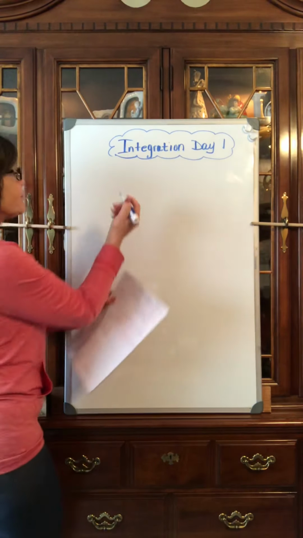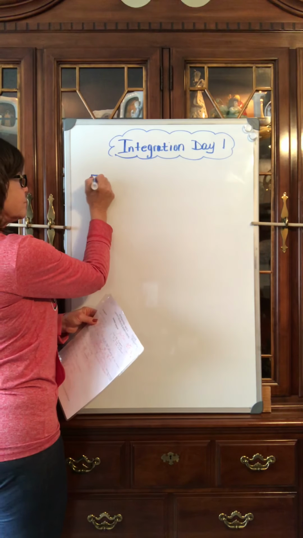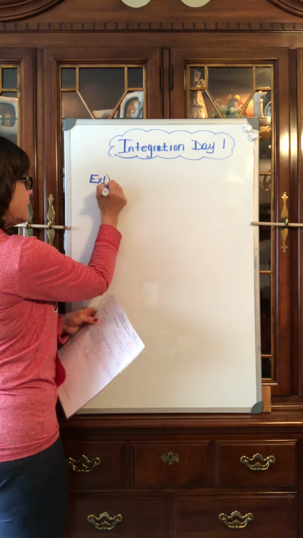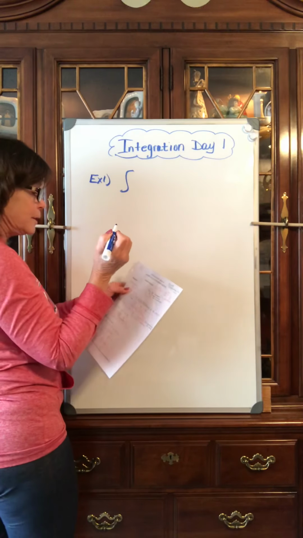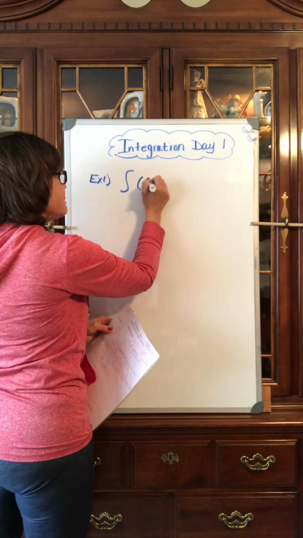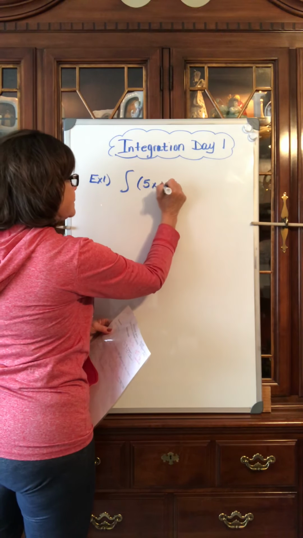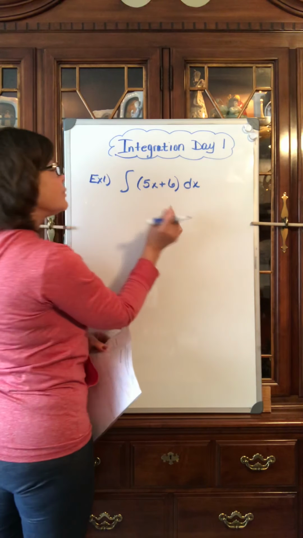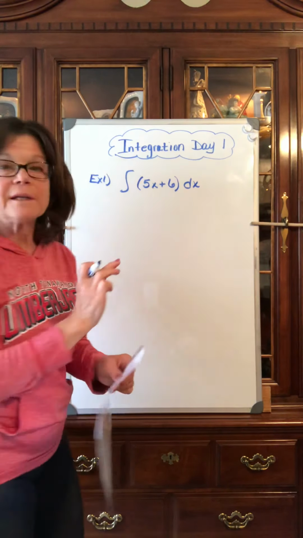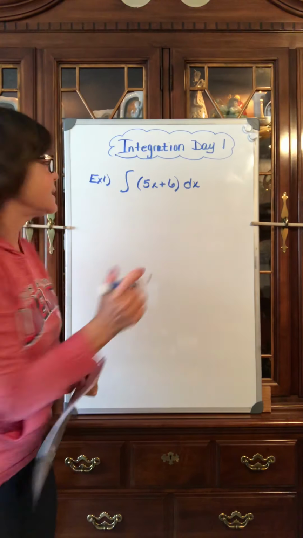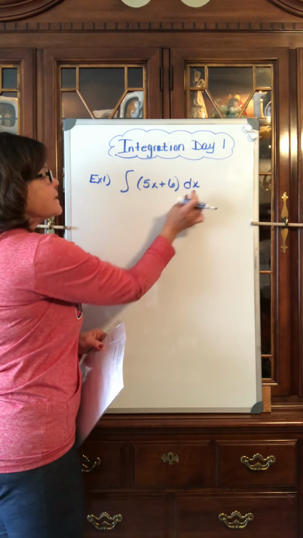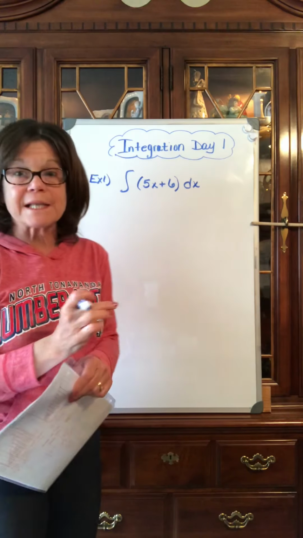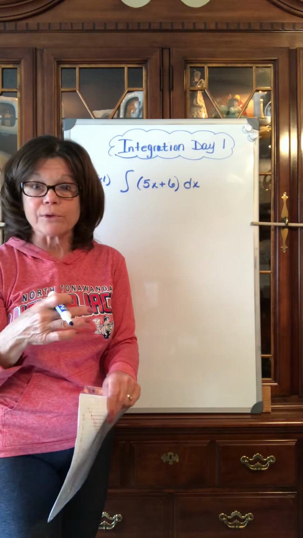Example number 1 is the integral of 5x plus 6 dx. So the function that we're integrating is the linear function 5x plus 6. This integration symbol and the dx is just a setup, and when you do integrate, you drop both of those out.